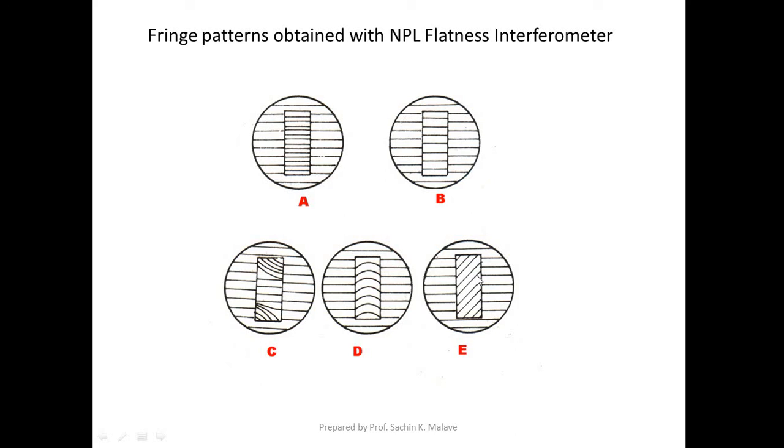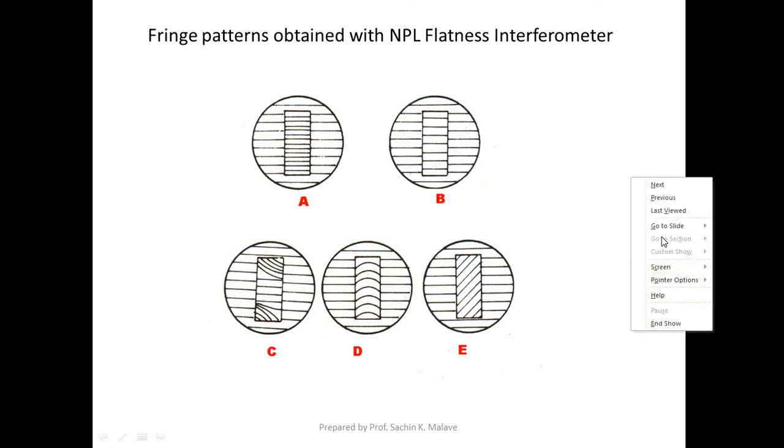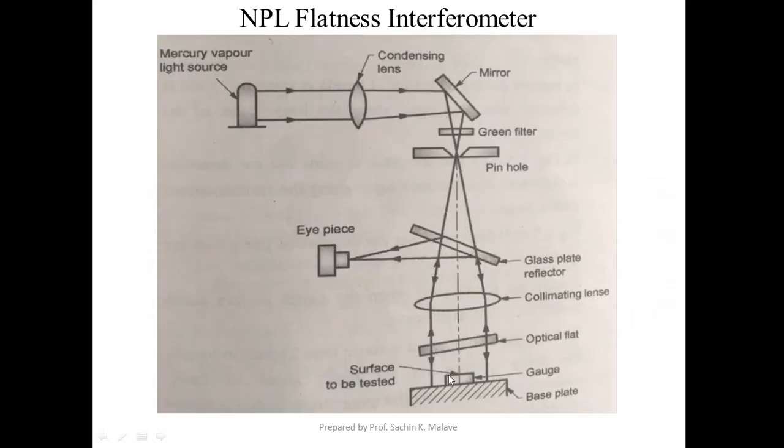It indicates that the pitch is the same. The distance between this and this, the pitch is the same, but the direction is different. If that is the case, it indicates that there is a taper along the shorter edge of the gauge.